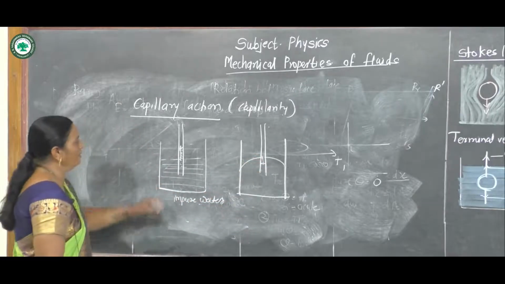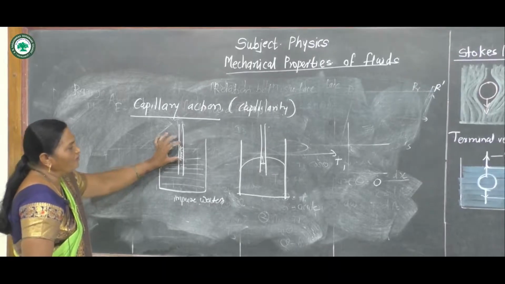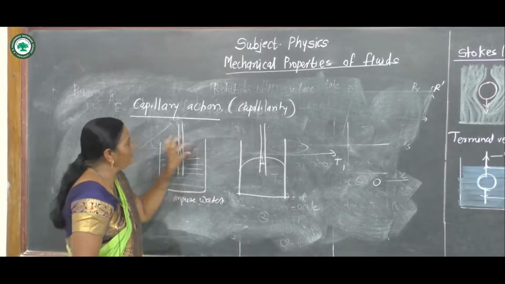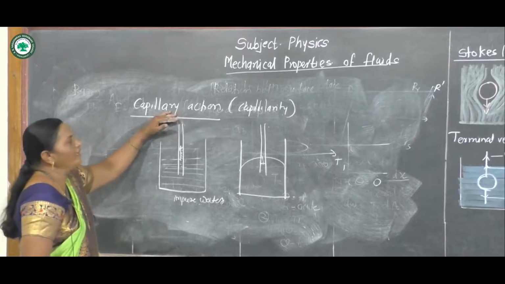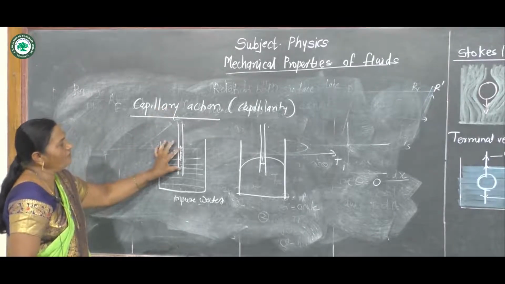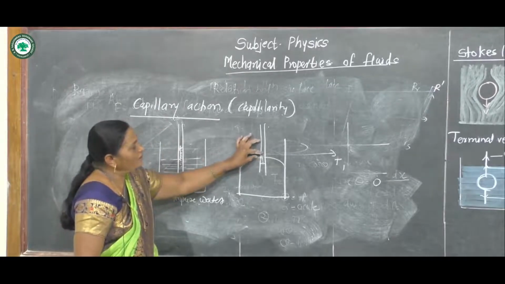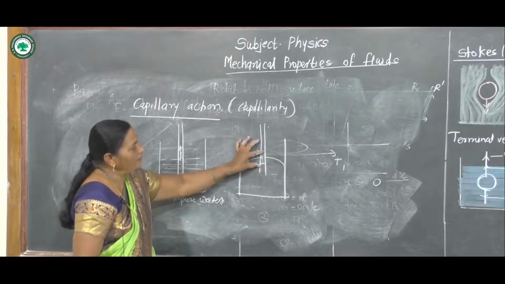Therefore we can say that the phenomenon of rise of liquid or fall of liquid inside the capillary tube is called capillary action. Here there is a rise of liquid inside the capillary. Here there is a fall of liquid level in the capillary.